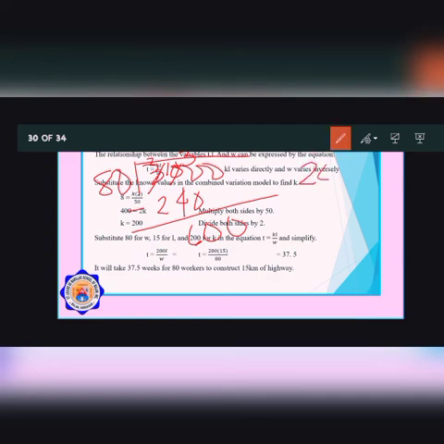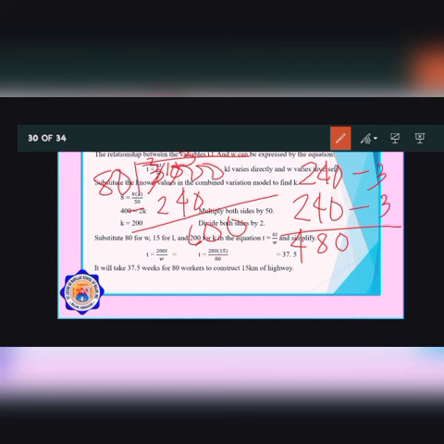So, kung magdadagdag pa tayo ng 240 para sa another 3, so 0 plus 0 is 0, 4 plus 4 is 8, then 2 plus 2 is 4. So, meron tayong 480. Ang kailangan natin is 600.